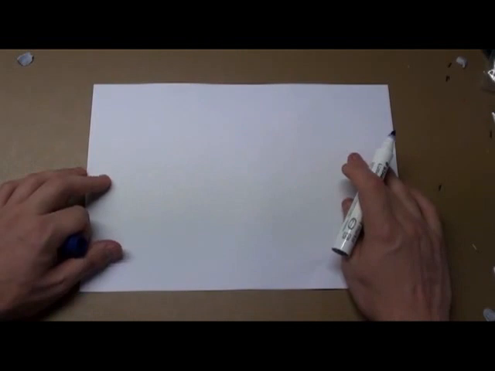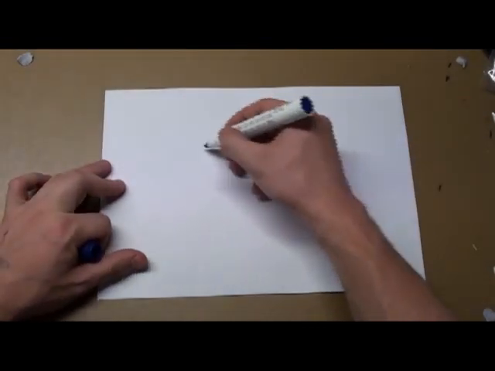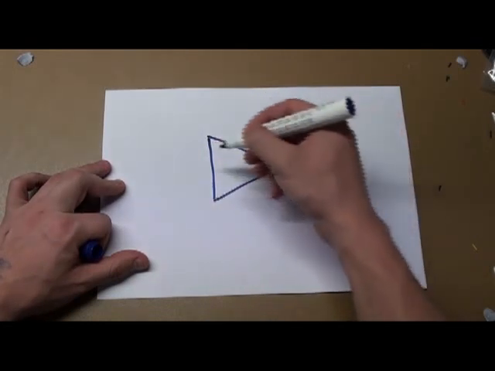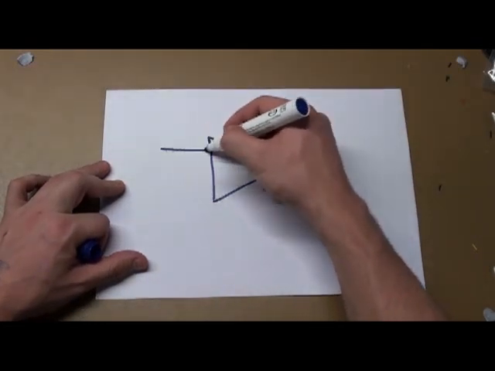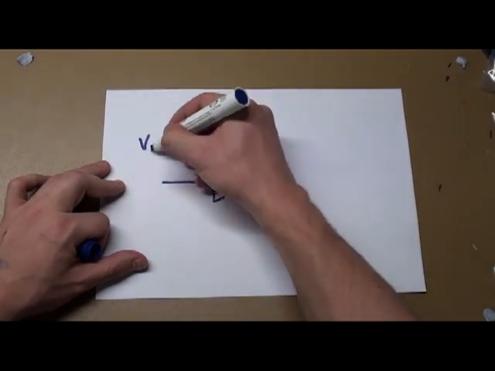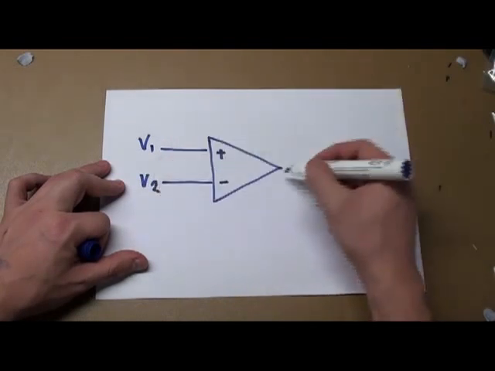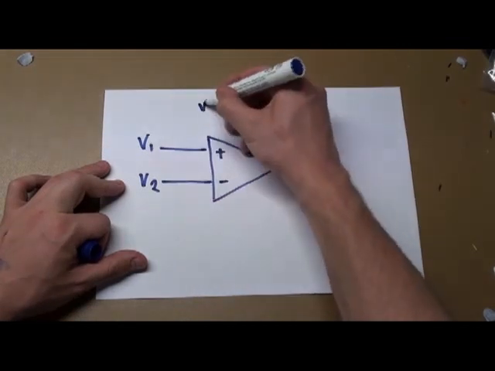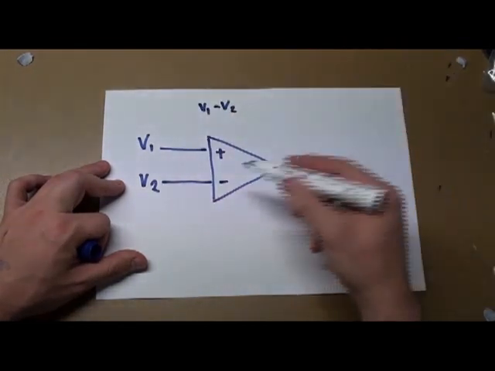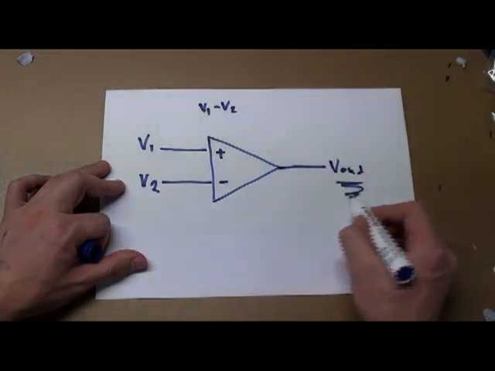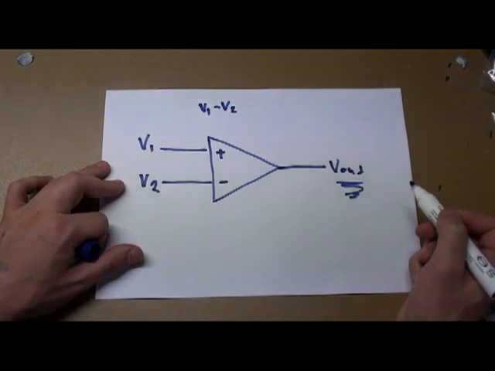This is where the differential or difference amplifier comes in. This is a simplified version, but if our signal is between V1 and V2, and we have something that can find V1 minus V2 and gives that as V out, then we've found the signal we want.